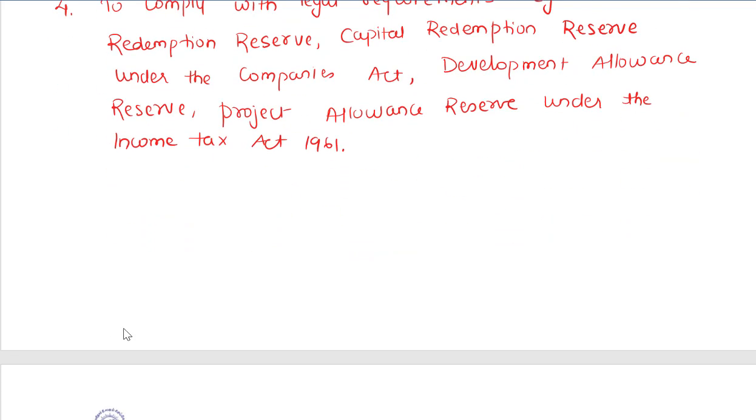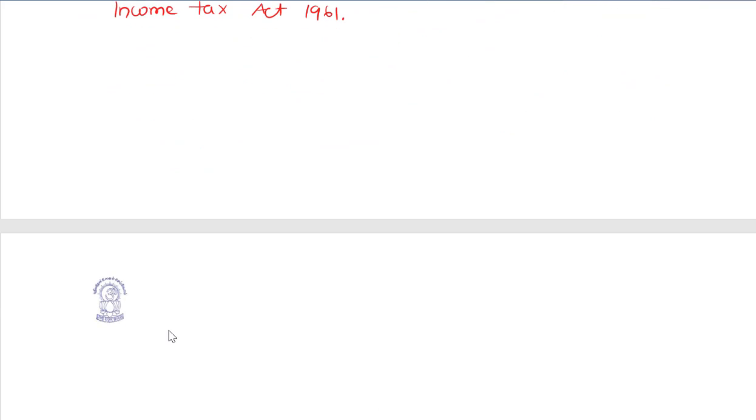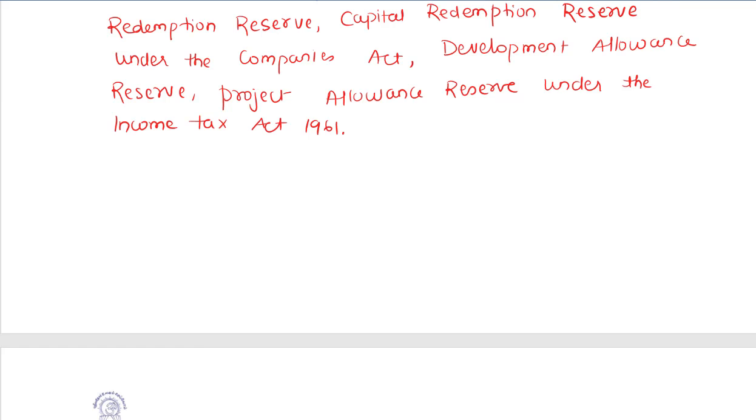Let us continue. Types of reserves. Let us understand what are types of reserves.